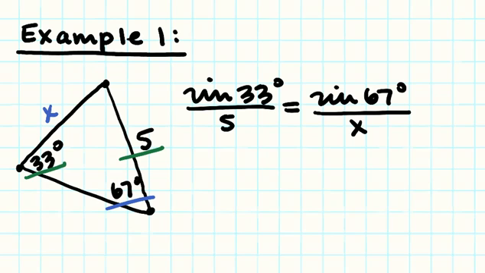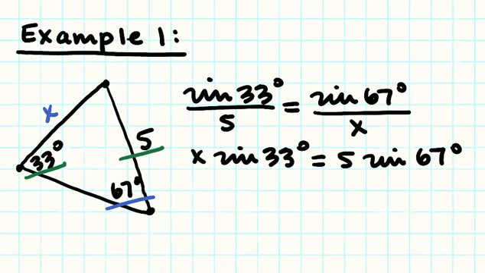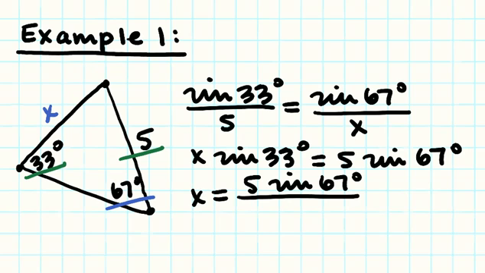I'm going to cross multiply. So I'll have x times the sine of 33 degrees is equal to 5 times the sine of 67 degrees. Then to solve for x, I'm going to divide both sides by the sine of 33 degrees. So x equals 5 times the sine of 67 degrees divided by the sine of 33 degrees.